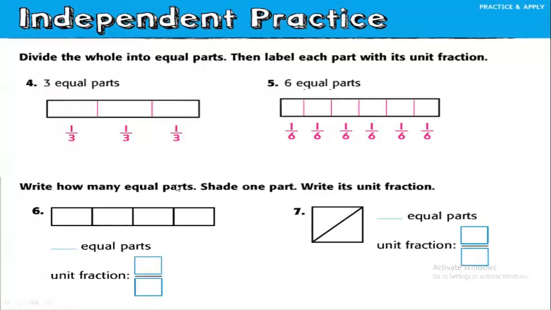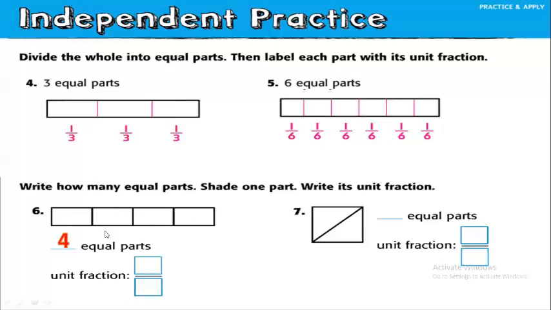Here, write how many equal parts, shade one part, and write its unit fraction. Here, how many equal parts? 1, 2, 3, 4. So, 4. The unit fraction will be 1 over 4.